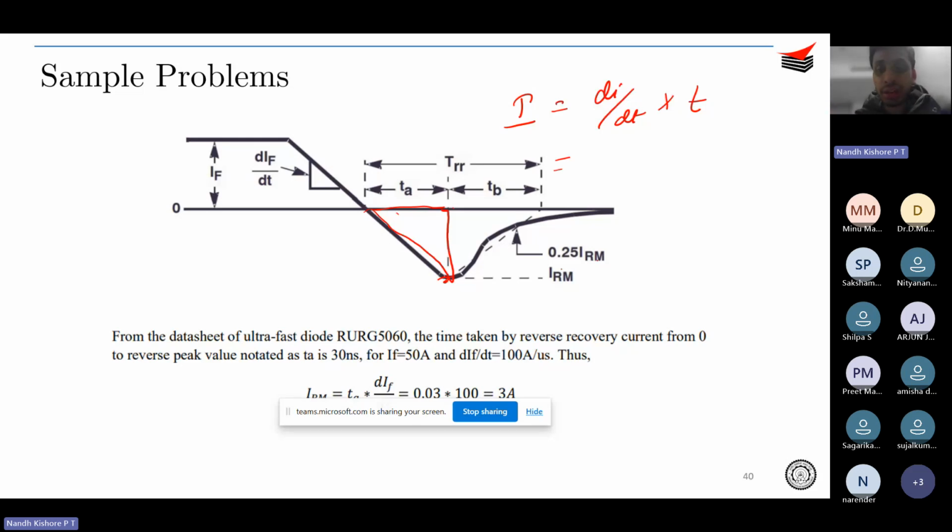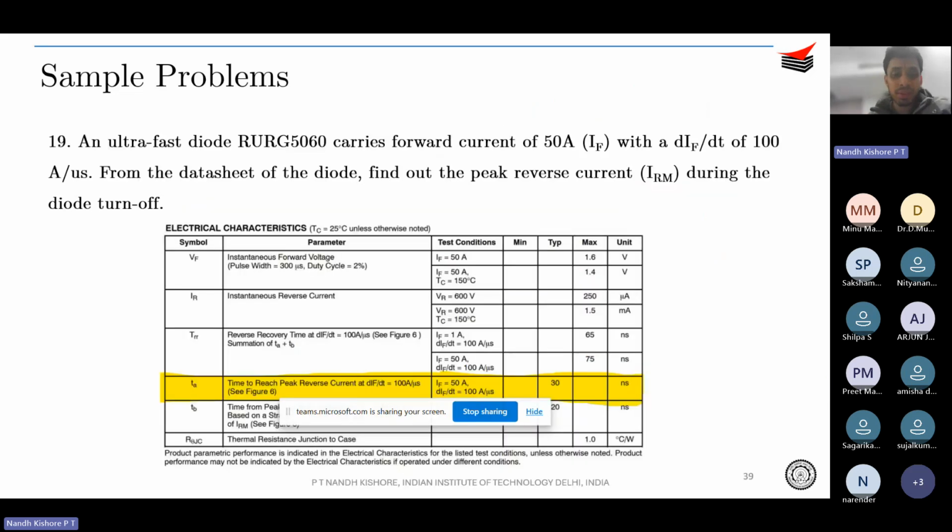So di by dt is 100 amps per microsecond. That's given in the problem, and t is given as 30 nanosecond in the data sheet. Okay. So from this you can find out that your peak reverse current is going to be 3 amperes. Okay. Because micro and nano they are going to convert as 1 by 1000. So yeah, obviously it will be 3 amperes. Okay. So the peak reverse current is 3 amperes. Right.